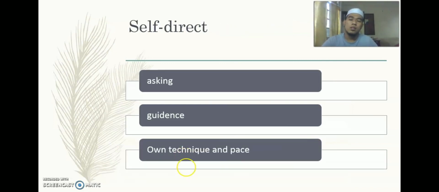And then the second principle is self-direct. The self-direct principle can be achieved by asking someone who is more knowledgeable for their expectations and their guidelines. So we can get guidance from a mentor, from somebody who is more knowledgeable.